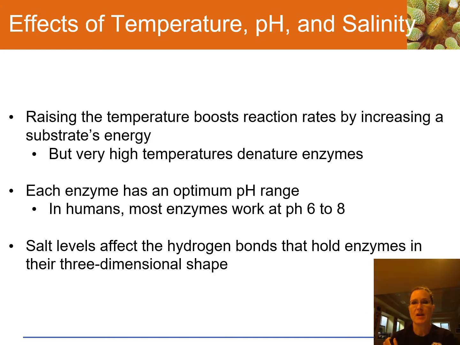And then if you're too acidic or basic, because oftentimes health conditions can sort of make our blood wacky, it affects how the enzymes work. And then one way that you can think about salt is if you've ever heard of an IV and a saline solution, that saline is salt.